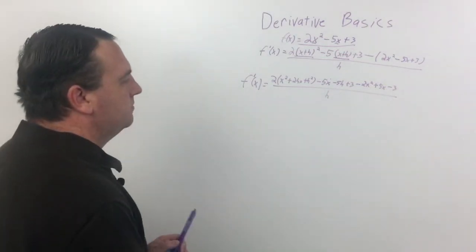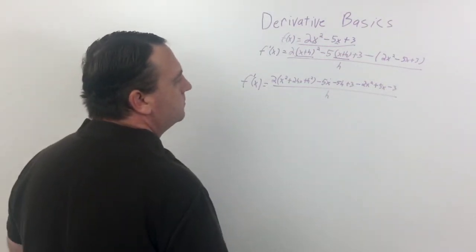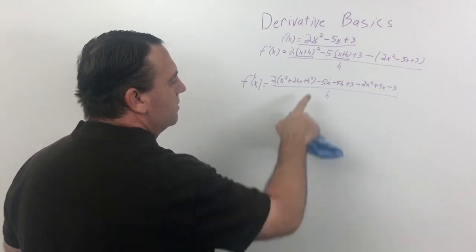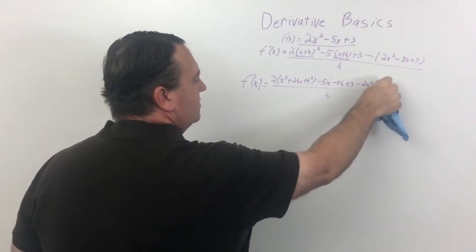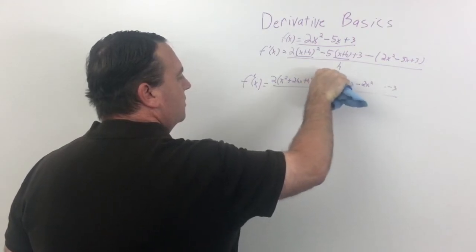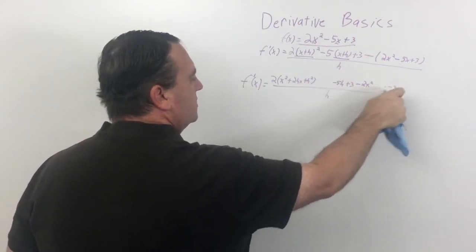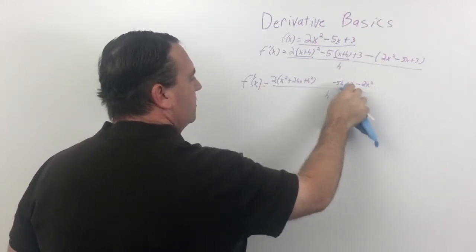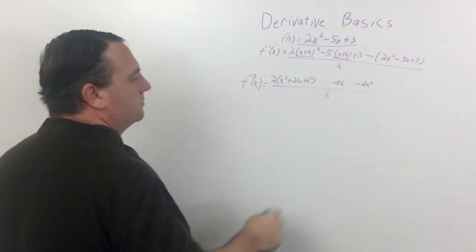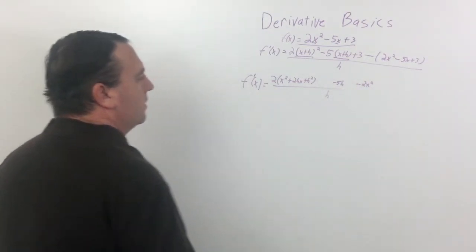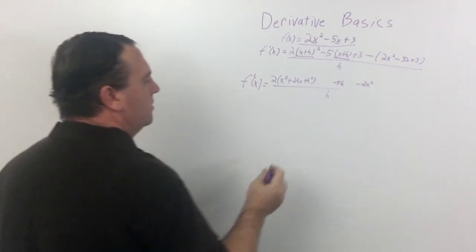So this 5x and this 5x subtract each other out. And this 3 and this 3 subtract each other out. Now let's distribute this 2.